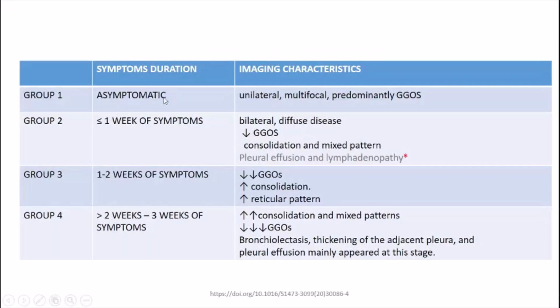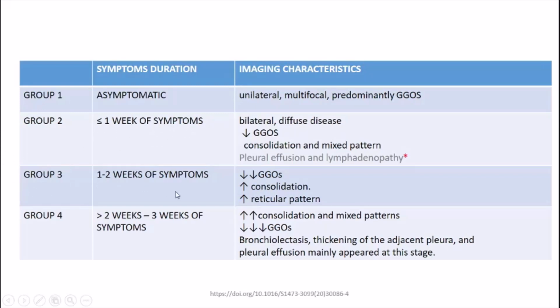What they did is they divided the patients that they imaged into 4 groups. Group 1 is the asymptomatic, which mainly consisted of the medical staff who wanted to check their lungs, according to Dr. Osama. Group 2 was the patients who had less than 1 week of symptoms.